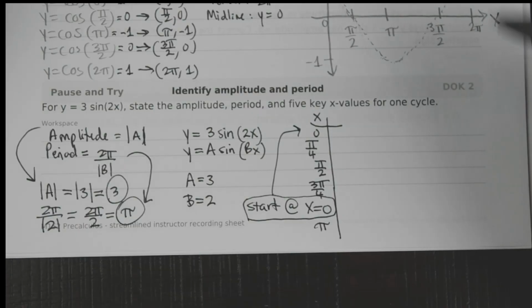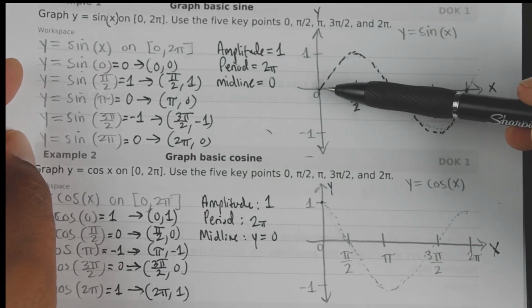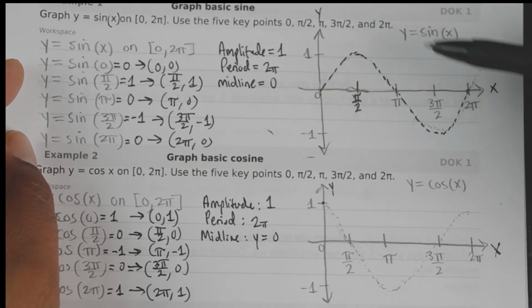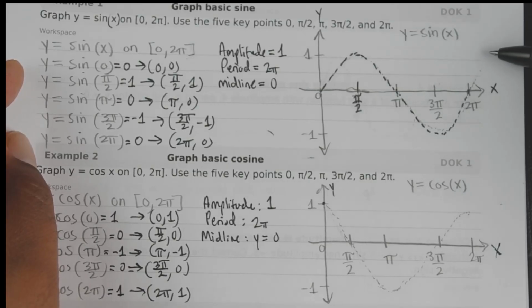Okay. Now the sine shape is, as we looked at in the beginning, it starts at 0. Okay, so it goes 0, then maximum, then 0, then minimum, then 0, right? So just to show you again, it goes 0, then max, then 0, then min, then 0, then max again.